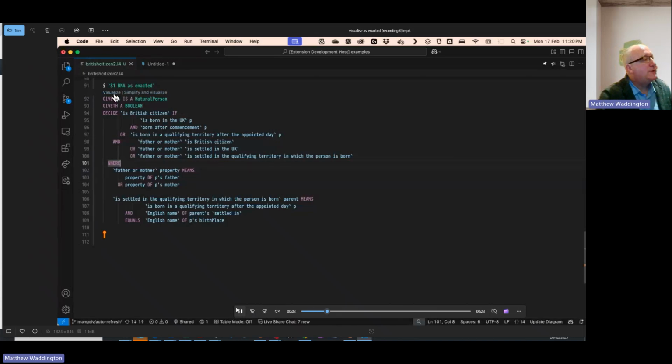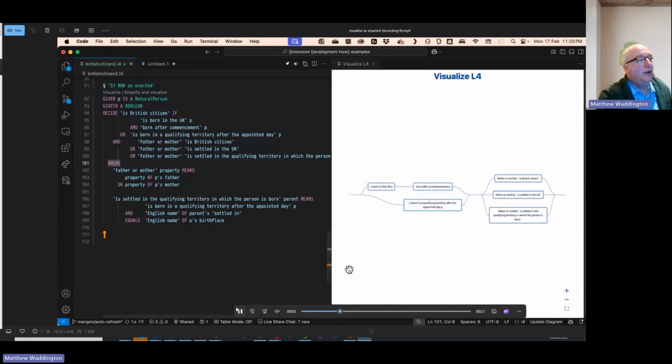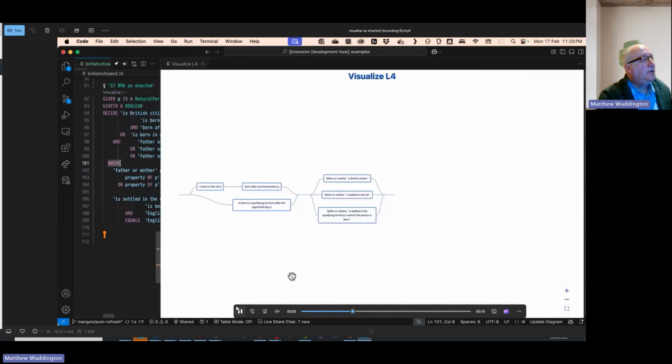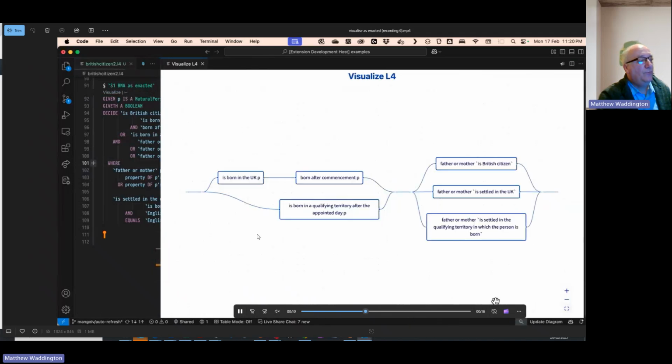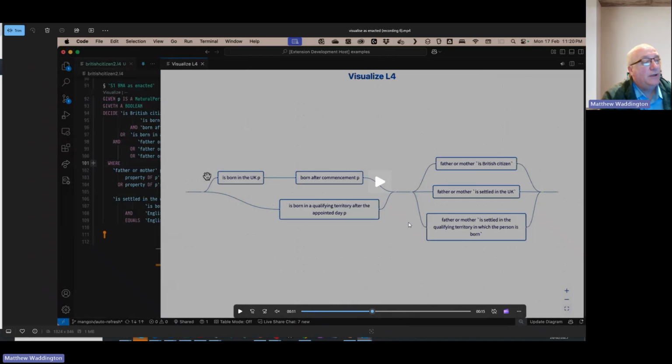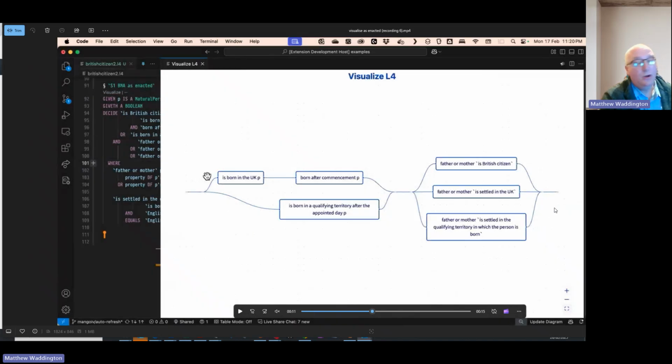The point about this, though, is that you can then use that code to visualize the relationship between these provisions. So this is a map, if you like. You go from left to right. So the question is, can you find a way through? Any of these routes through will get you to British citizenship.